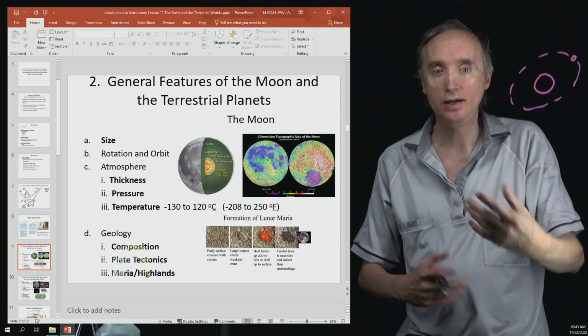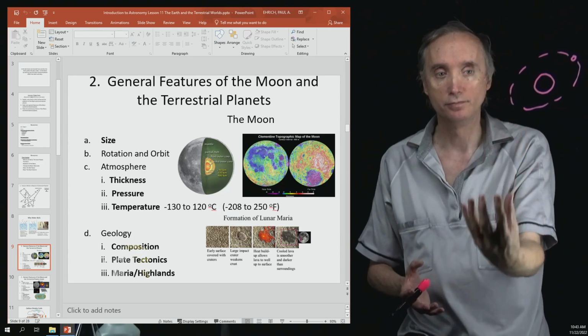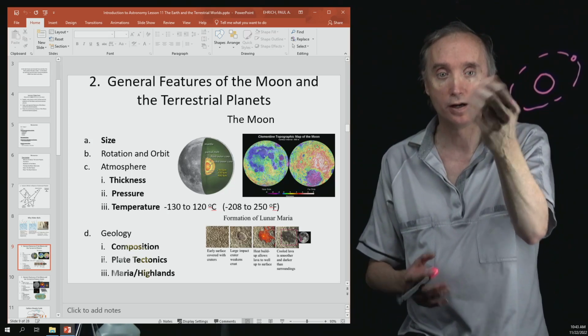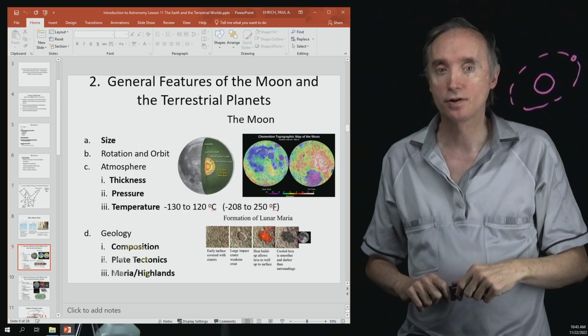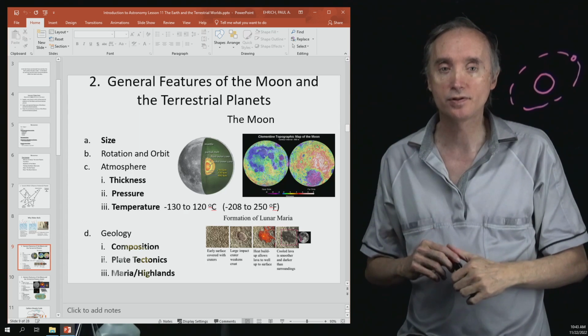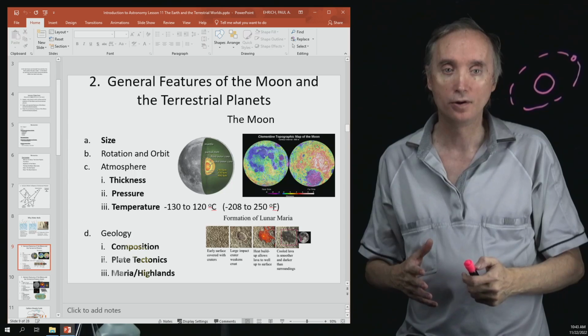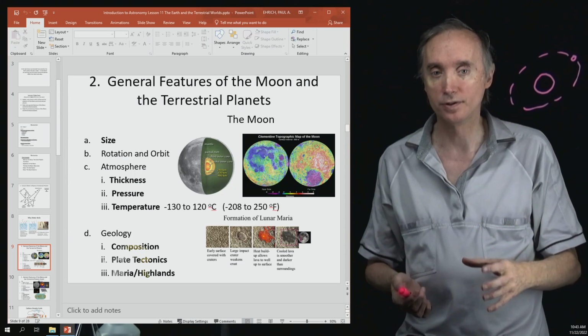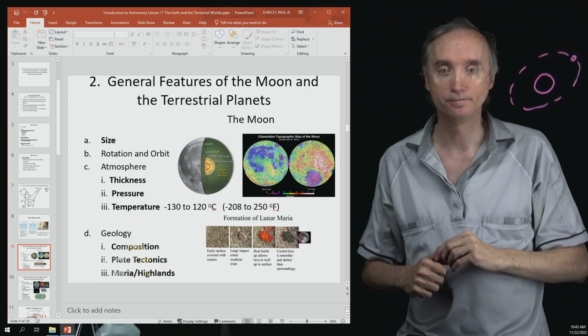That would heat up the mantle enough that lava, magma, would come up and fill in the crater. So that's the reason why you see the Maria. They're filled-in craters with a darker material that came from the mantle of the moon.